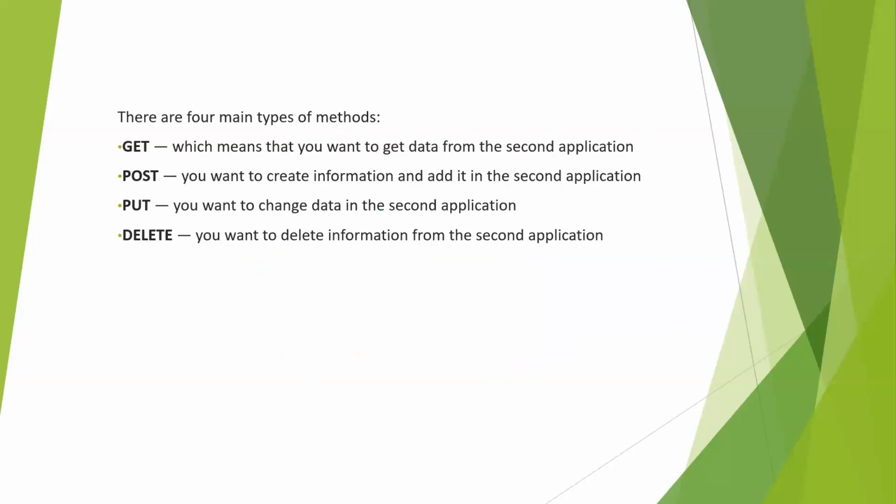Now talking about the methods of APIs, there are six methods total, but the most popular ones which could be required for your testing are get, post, put, delete. Apart from that, there are some methods like patch or options that we will discuss in a later part. But for an automation engineer, it is very important to know these methods: get, post, put, delete.